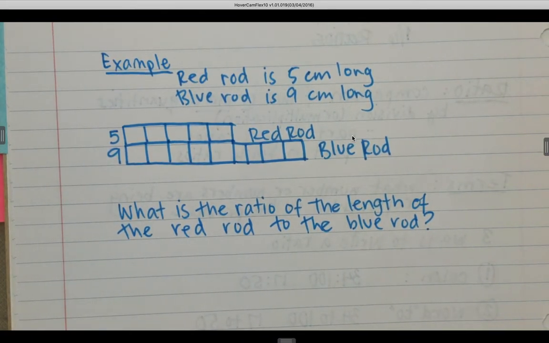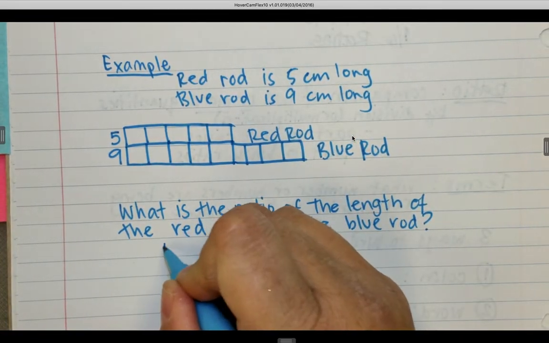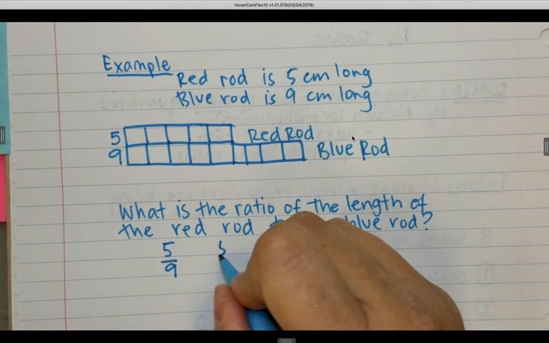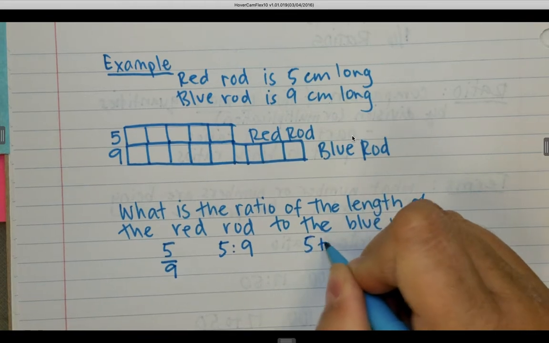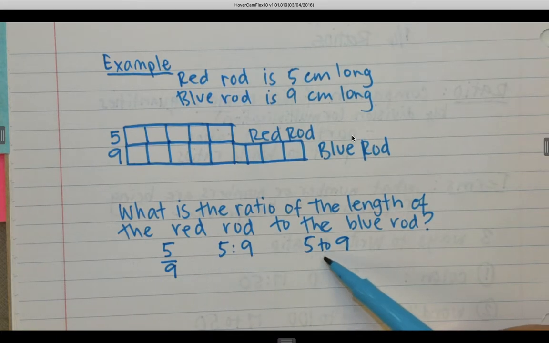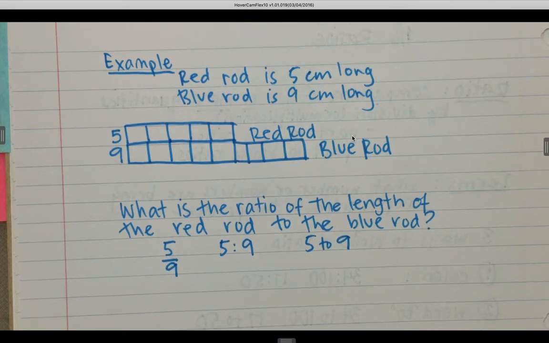And our answer would just be red rod 5 to 9, or 5:9, or 5/9. All said exactly the same. These would all be correct answers.